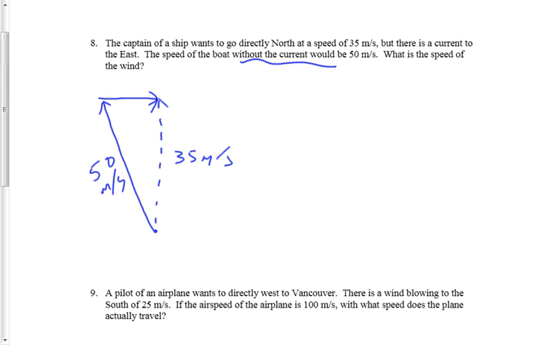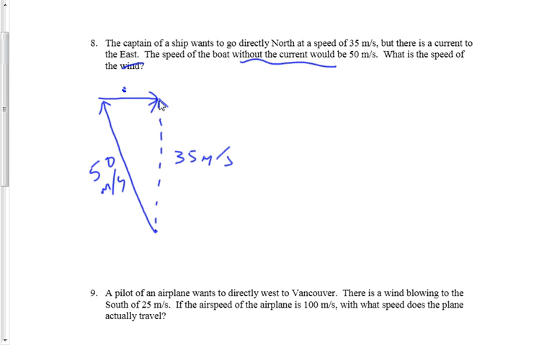Now, what are we looking for in this case? Speed of the current, right? Just like all your other questions, this is a Pythagorean theorem question once it gets down to math. But usually you've been solving for the hypotenuse. This time we're solving for one of the sides.